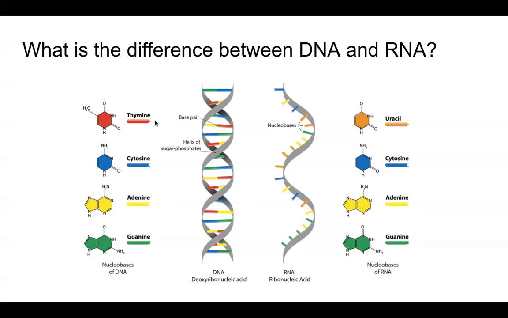In DNA is thymine, cytosine, adenine, guanine, but in RNA, instead of thymine, they have uracil. And cytosine.